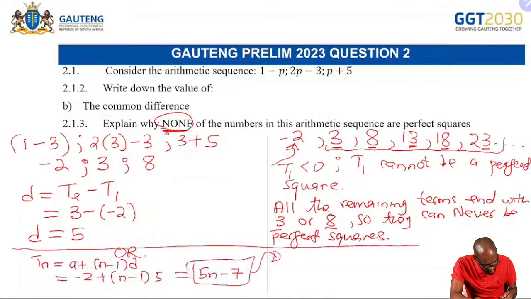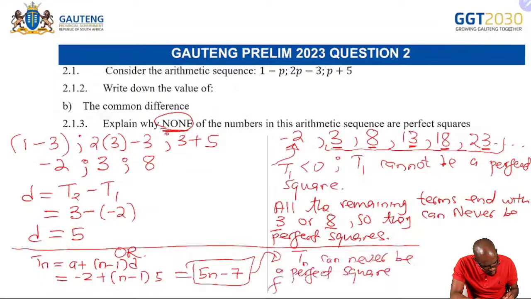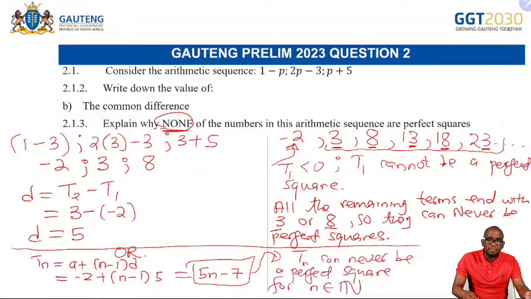So Tn can never be a perfect square for n an element of natural numbers. If you use any natural numbers there, you can never get a perfect square if you use this formula. Whatever the value of n is, it can never generate a perfect square. Right, we move on.